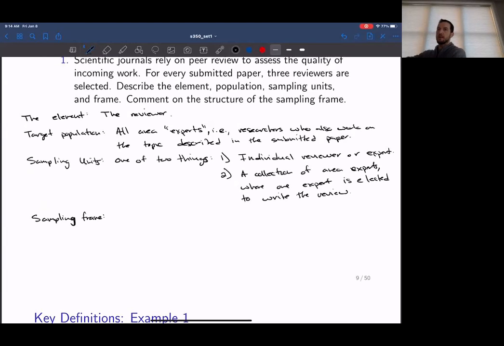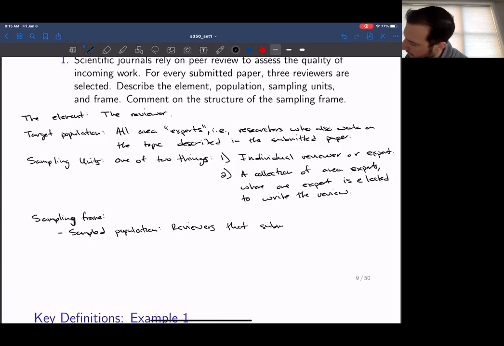We can break this down into different components based off of what we saw above. So of course, the sampled population here, okay, so this would be reviewers that submit a useful response.